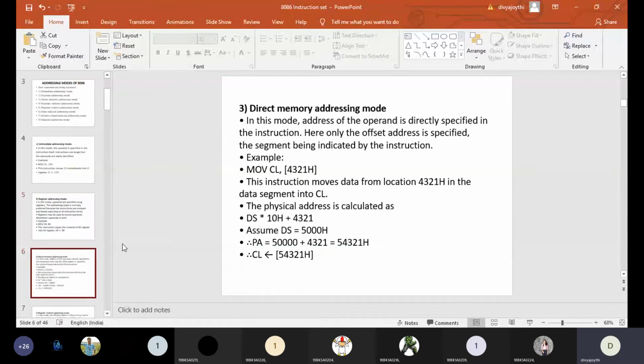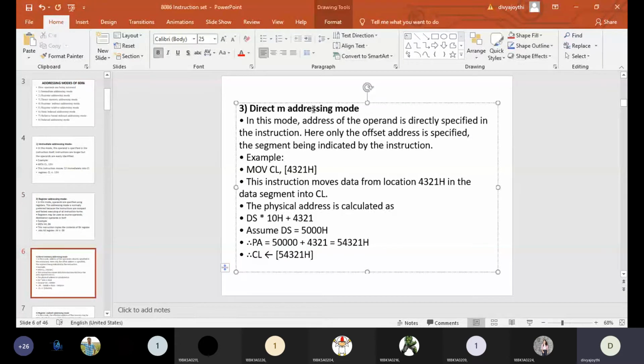Next, the third one, direct addressing mode. Have a look at this example: move CL comma, and here a number is written, but that number is represented within braces.